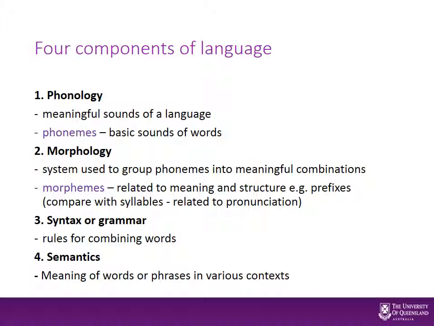So for example, it's my understanding that in Malay, the adjective typically comes after the noun. So in English, we might say the square card, or in Malay, it might be the card square, or the red ball in English, in Malay would be the ball red.